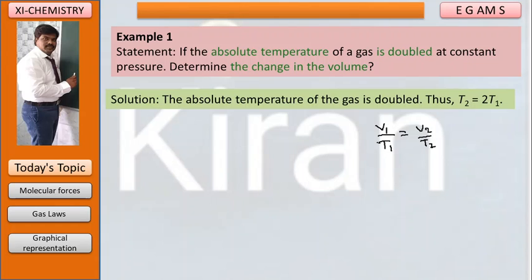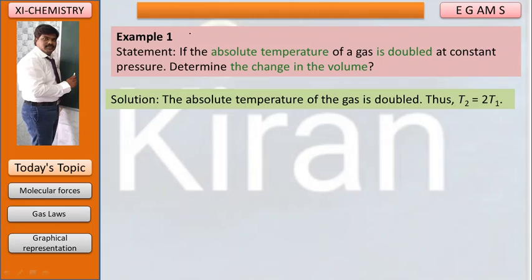So T1 means initial temperature, that is 273. T2 means how much extent of temperature you are giving. This absolute temperature is doubled. So T1 becomes 273 into 2, but they have not given the 273 value here. Doubled means 2 T1. T2 we are substituting as 2 times T1.